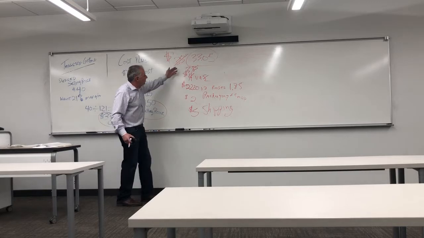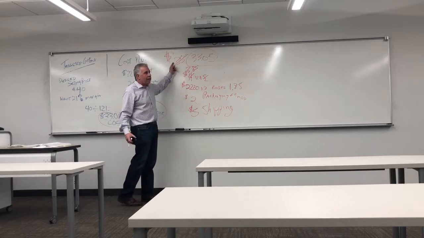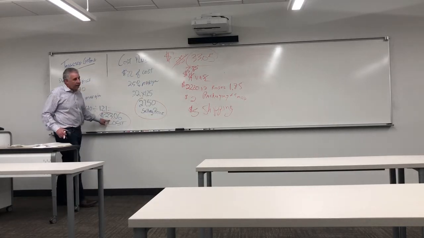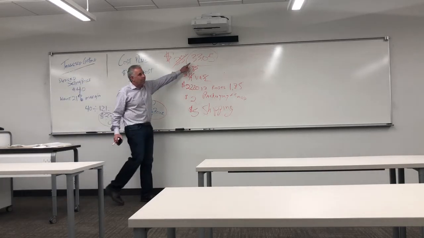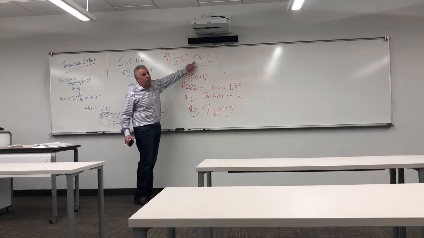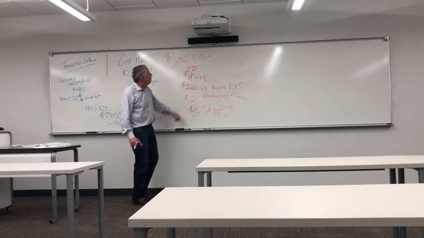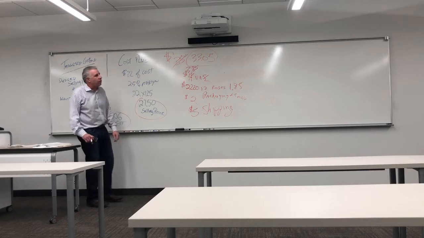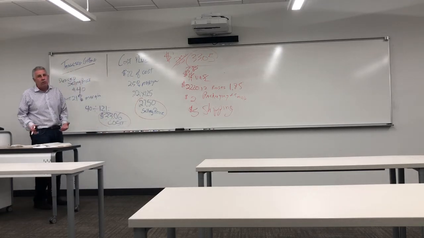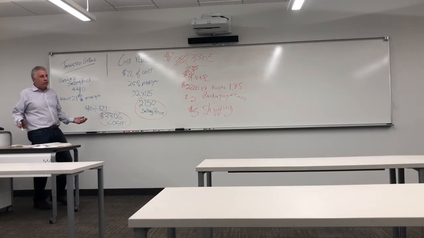If it was 40 bucks and your original costs were 35, that exceeds the 33. We gotta somehow work that 35 bucks down to 33. So let's figure it out. We knocked 15 cents off a rose, we knocked 15 cents off the vases, and we got down to $33.05. We're in business now.